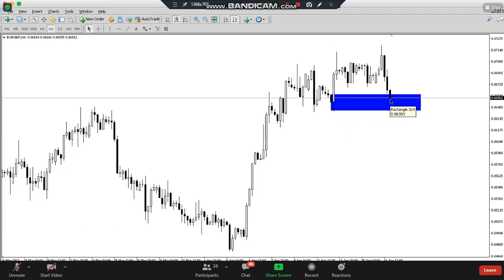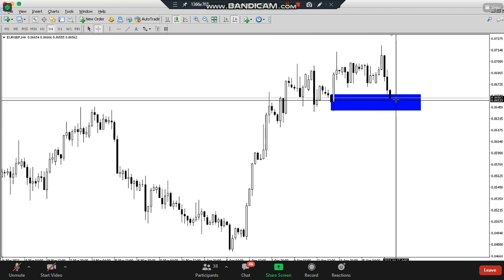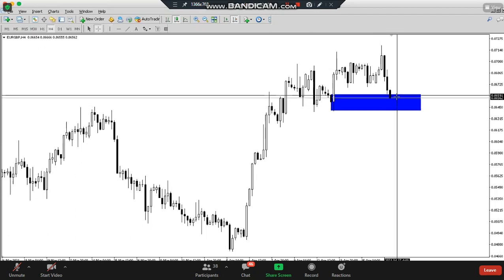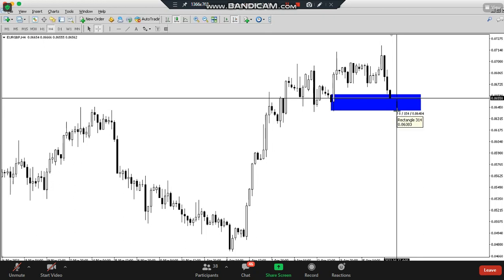If I enter here now, my stop loss will be huge, around 14 pips. You see it?